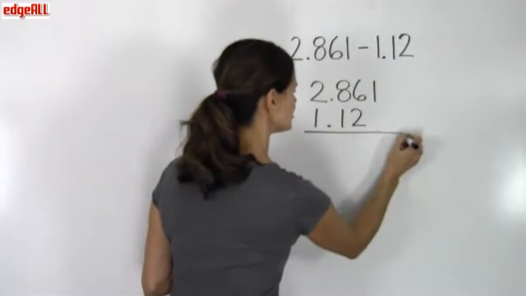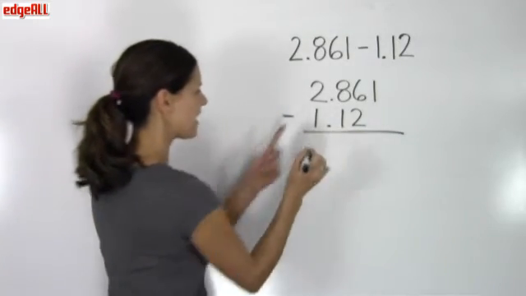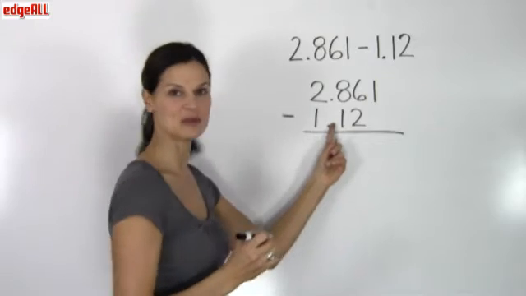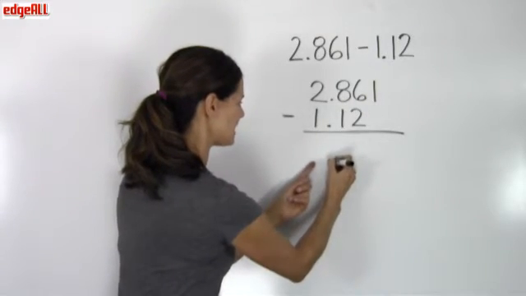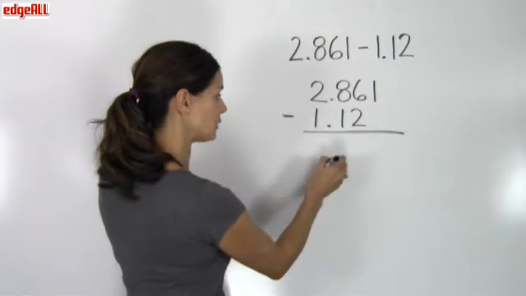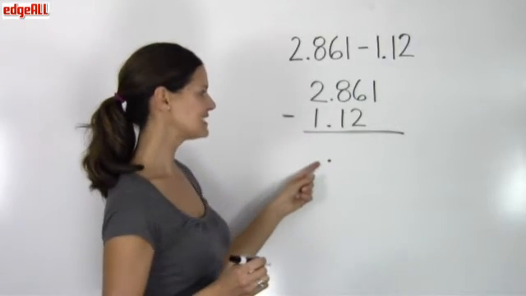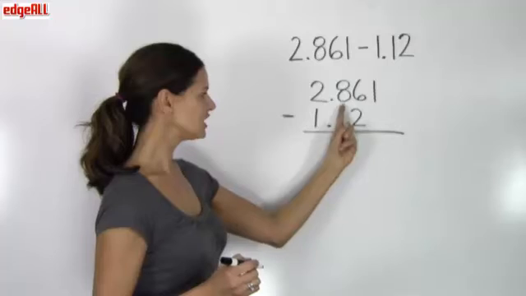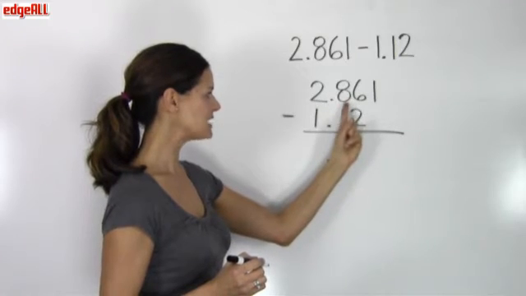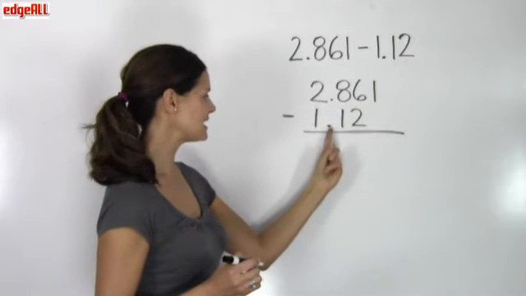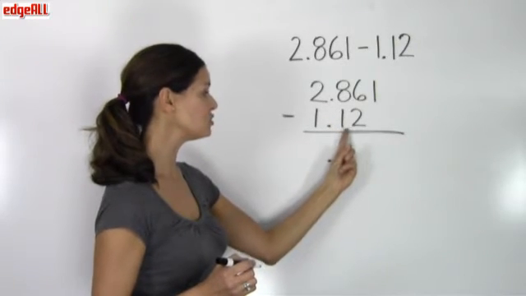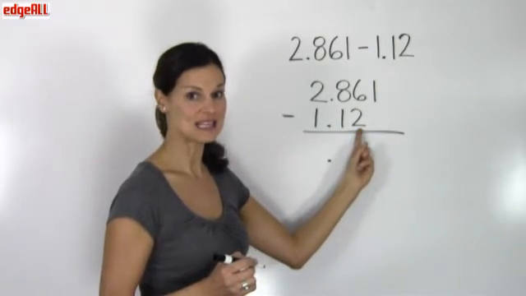Now notice, first of all, that I have lined up my decimal points in the two numbers, and that is also going to be in my answer where my decimal point goes. And secondly, I want to look at the fact that this number has 3 digits after the decimal place, and my second number here only has 2 digits after the decimal place.